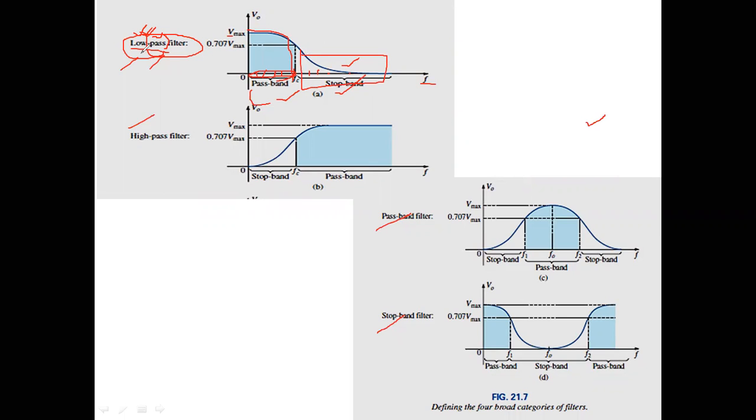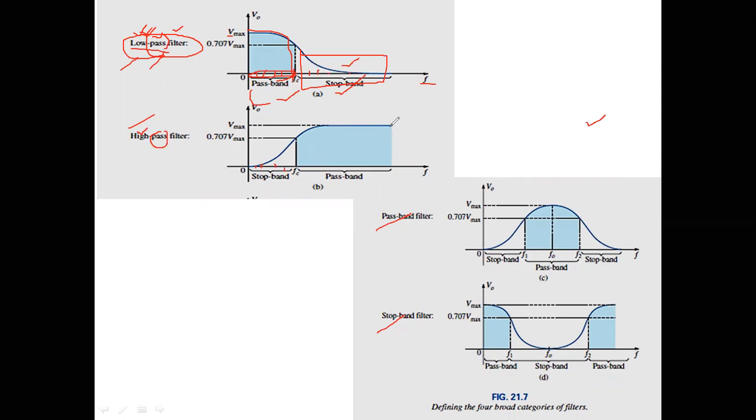We will study in detail the circuit diagram, some other equations and the numericals for the low pass filter in the upcoming slides. Similar is the case with the high pass. The name reveals that it will pass the high frequency and block the low frequencies. So these are the low frequencies, and it has been blocked.